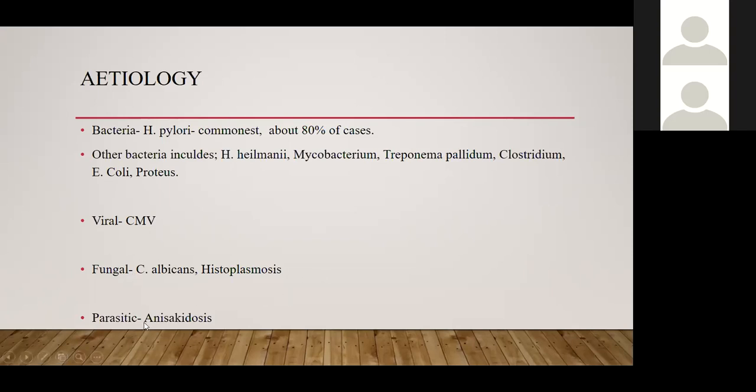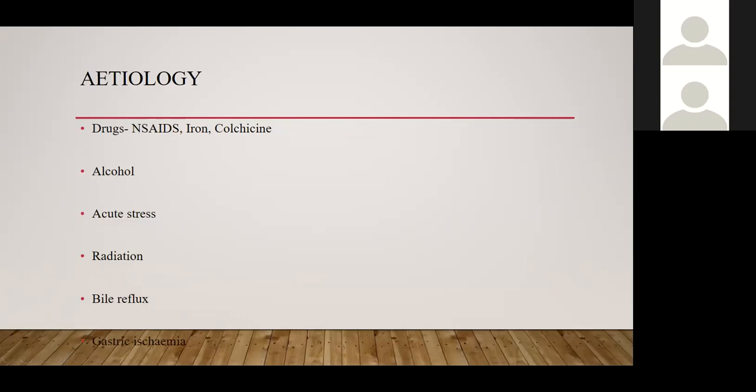And then when you go to Japan and those places where they like eating raw fish, there's a parasite called anisakidosis. When you eat sushi, you can get this parasite into your system, which can cause inflammation of the gastric mucosa, leading to gastritis.